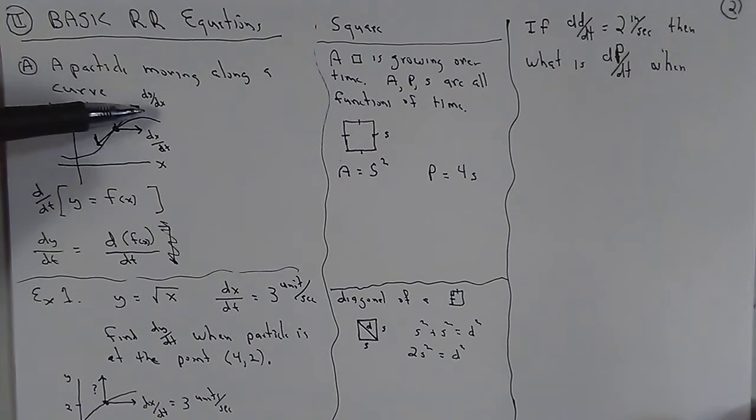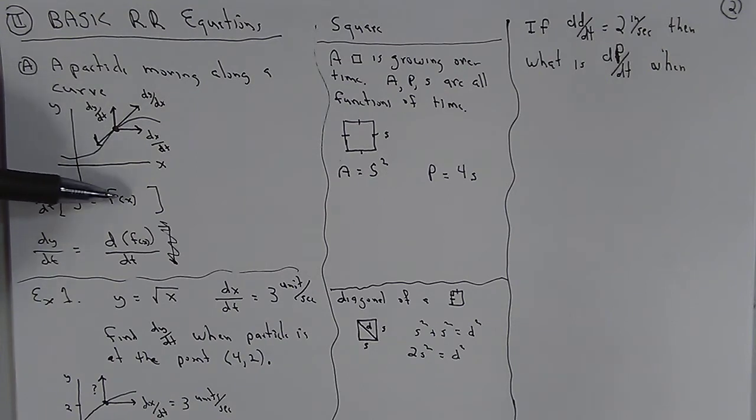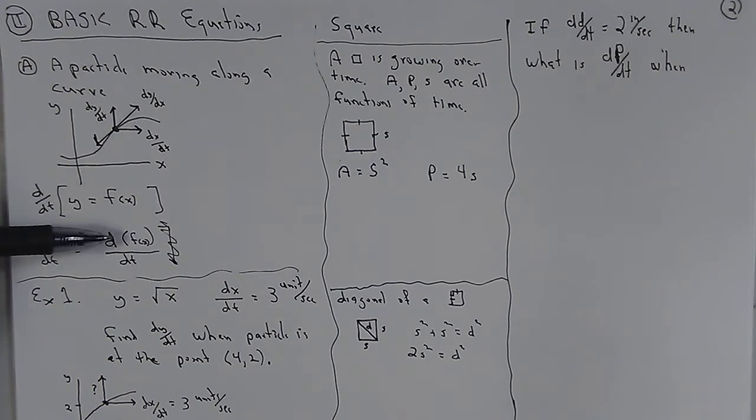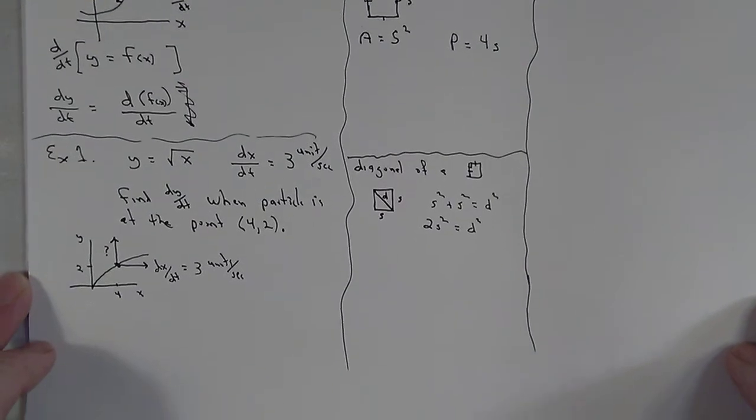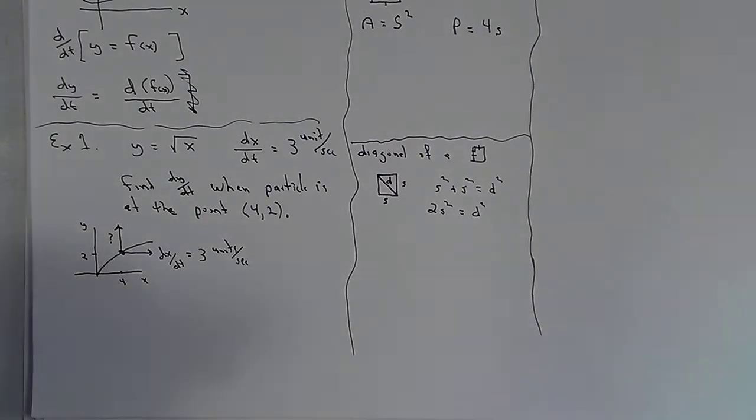Okay. Question is, if you know one of these, can you get the other one? All right, so you say, well, if I have a function of x, which gives me the y coordinate, if I take its derivative with respect to time, I get dy/dt, and then the derivative of the function x with respect to the variable t. So take a function like the square root of x.